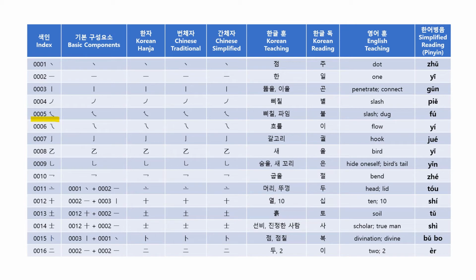On the index of the book, we are here, the number 5 character. In Korean language, pichil bul. Slash dog fu. Please don't hurry, we just started our journey to the 4,000 characters or even more.